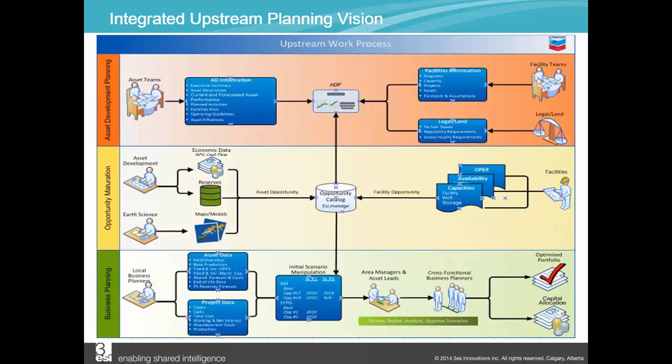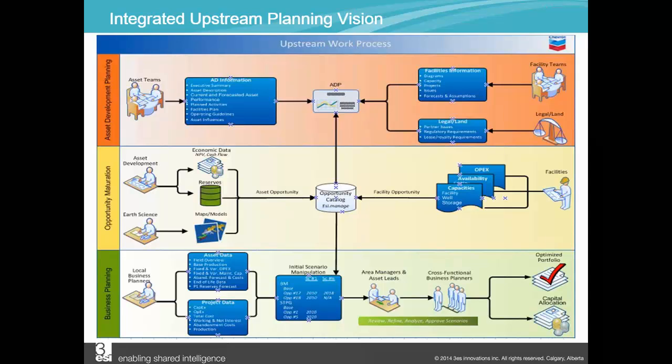So the vision here, that shared solution that everybody needed to get behind for this rollout to be a success, was represented by quite simply the 4 arrows, linking the opportunity maturation teams, the asset development planners, and the business planners together using a single repository of information built upon and maintained by all of them as a team.